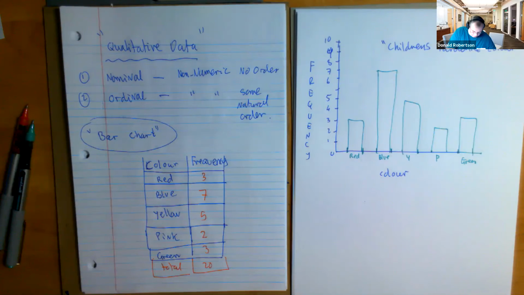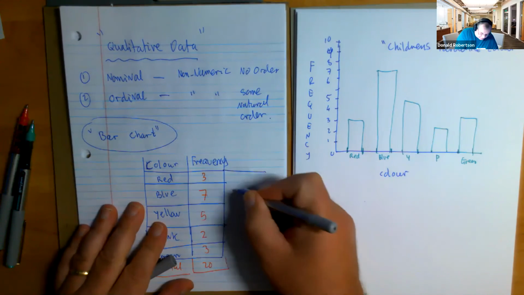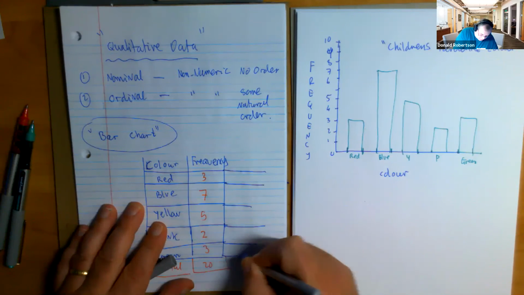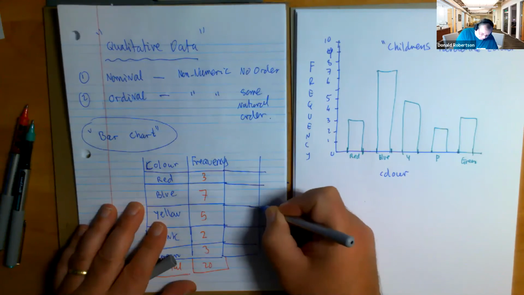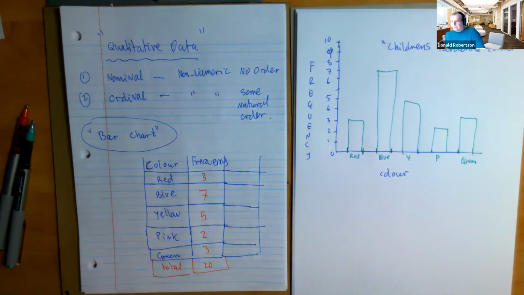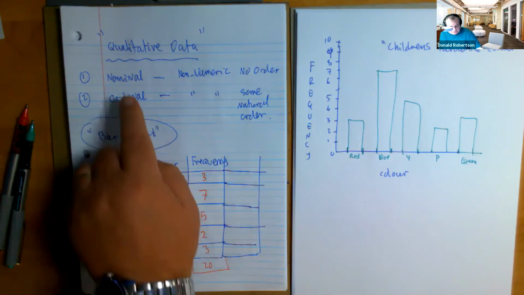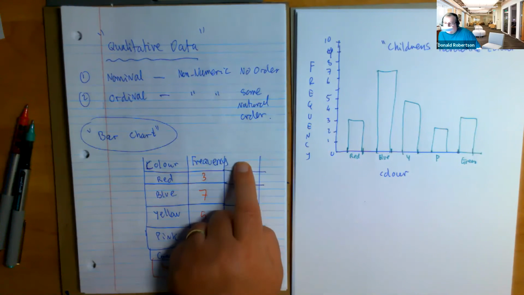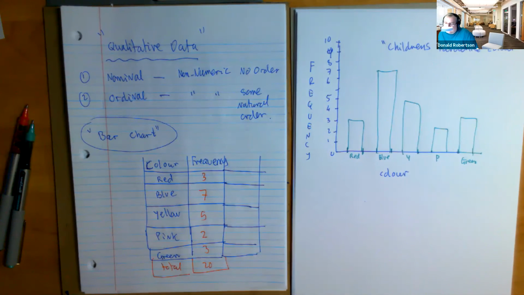You can also take this table and expand it to have only one more column. And it's not going to be cumulative frequency, because for bar graphs and for this type of data, it makes no sense to do that. What do you think the only other thing you could do with this data is?